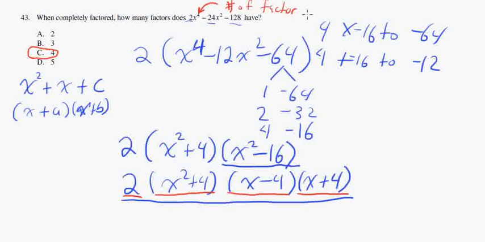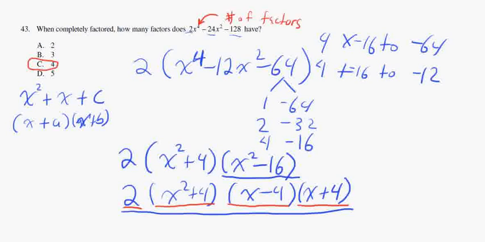And it works for most things. If I look at the highest power of x, that'll tell me how many roots or factors my equation will have. Since we have an x to the 4th, we're going to end up having 4 roots.